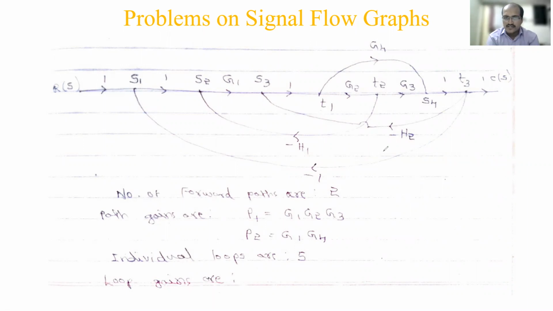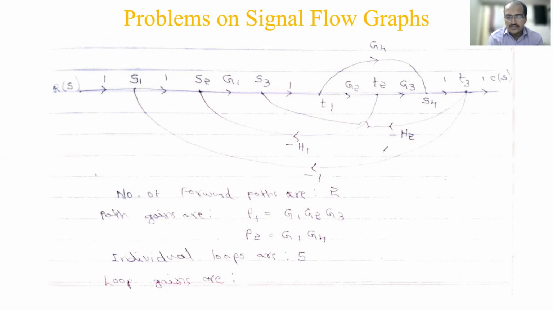Okay, you don't know, right? That's why I told you in the properties of signal flow graph that a signal flow graph is not a unique one, because now for this signal flow graph you don't know how it came. Since you know it came from a block diagram, but you don't know which system the block diagram belongs to. It may be a mechanical system, a pneumatic system or whatever.